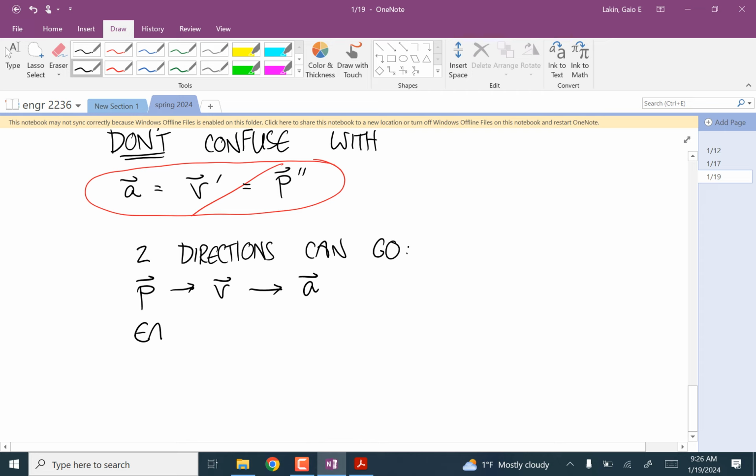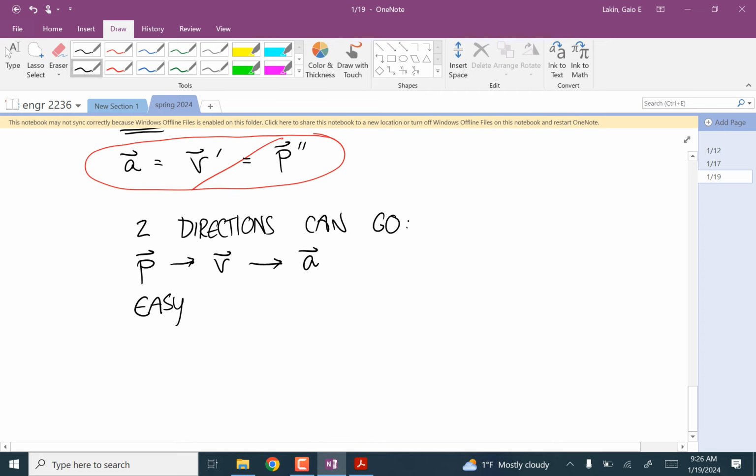This you can think of as the easier one. It requires less. You're just taking time derivatives. And what makes this easier is that you don't have to worry about boundary conditions at all when you're going in this direction.